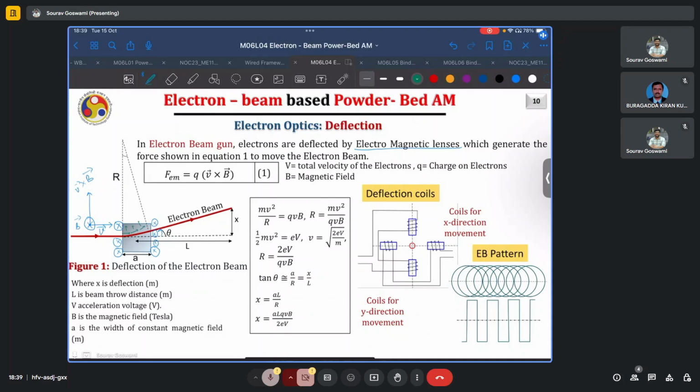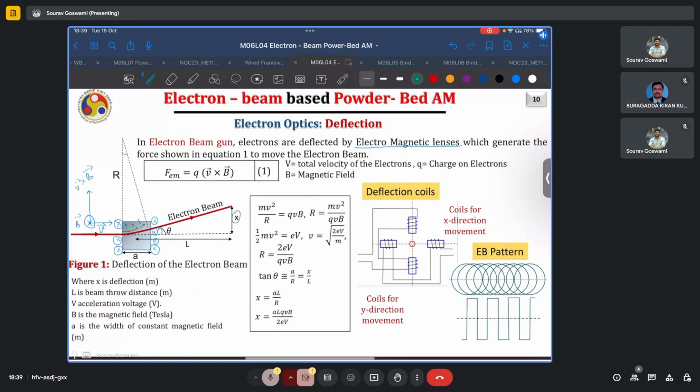A similar analogy has been used here to come up with a simple expression for this length x, which characterizes or determines the deflection of the electron beam when it has traveled a length L. That expression is x equals ALQVB by 2EV, where x is the deflection in meters, L is the beam throw distance, V is the acceleration voltage, B is the magnetic field in Tesla, and A is the width of the constant magnetic field region.